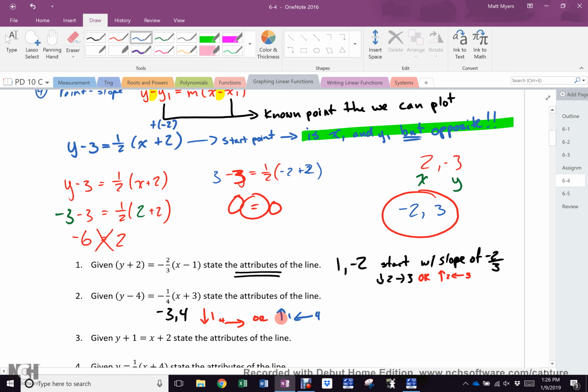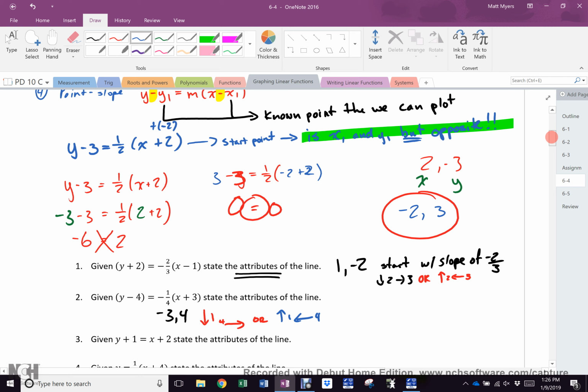Like the second one, the 1 up and the 4 to the left. Why can't that 4 go to the right? Because it's like a positive. The blue, because there is my positive direction. Then I must have a negative direction to have a negative slope. Okay?